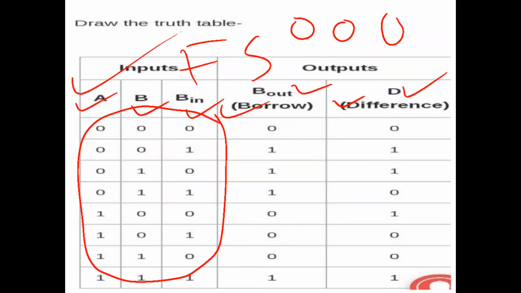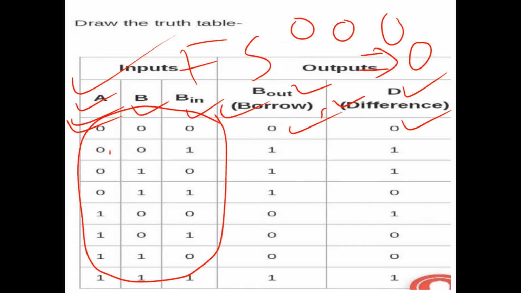If I have to talk about any entry here, suppose let me take the example of this row, 0 0 0: 0 minus 0 minus 0, obviously the difference value will be 0. So do we require borrow here? No. So it will be 0.